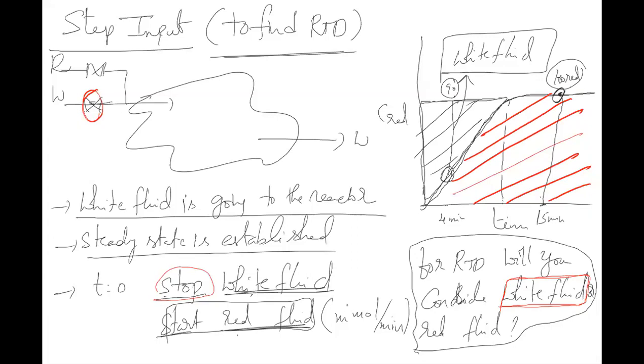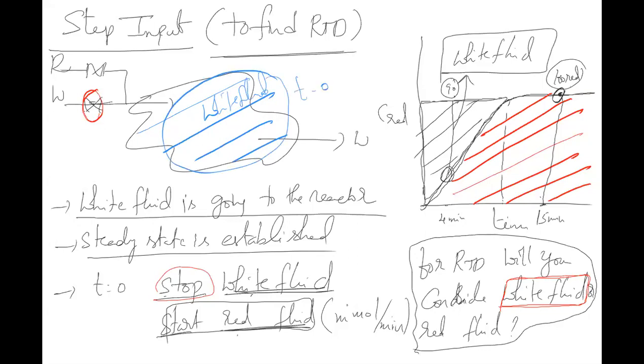At time t equal to 0, you stopped the white fluid. That means this entire reactor is filled with white fluid. Now this is the pulse at time t equal to 0, because all the white particles are inside the reactor at time t equal to 0.